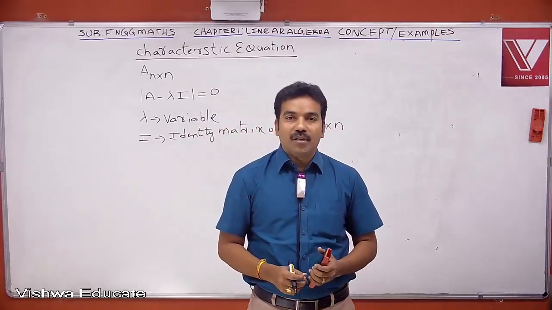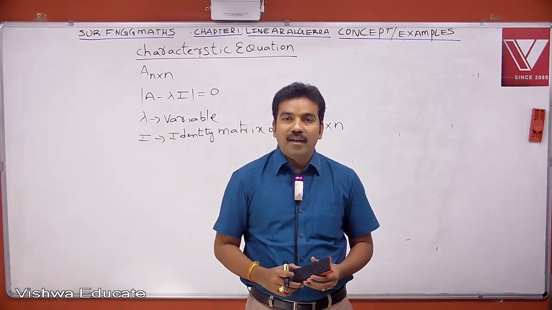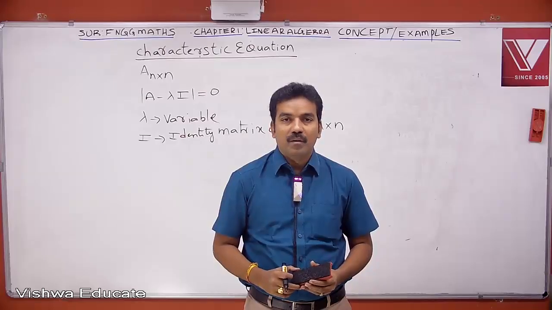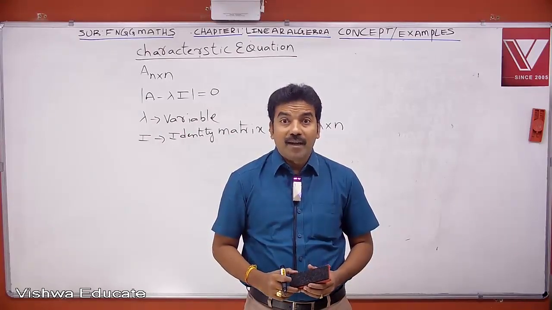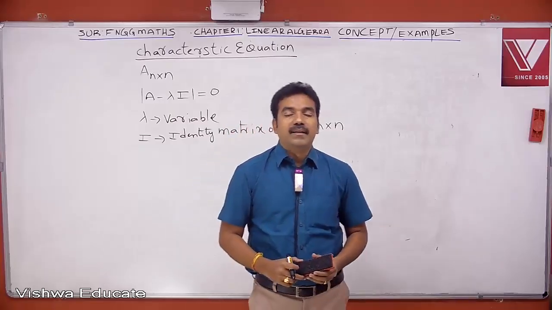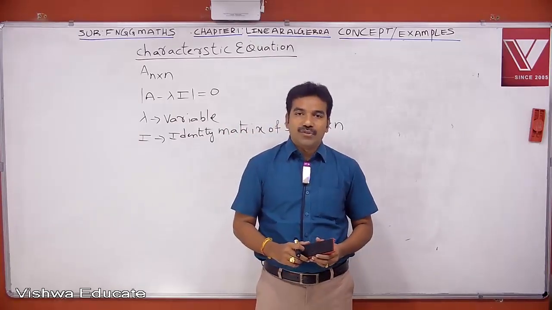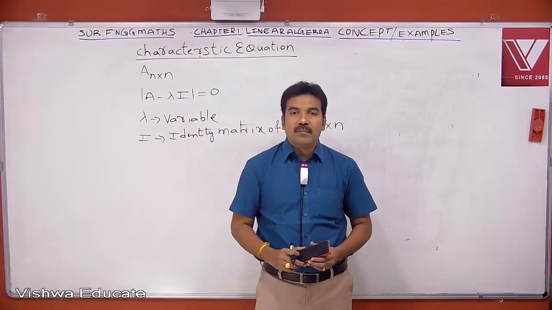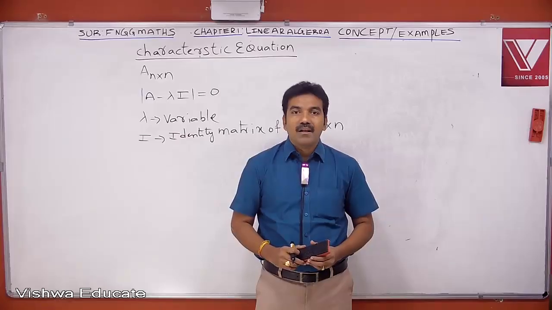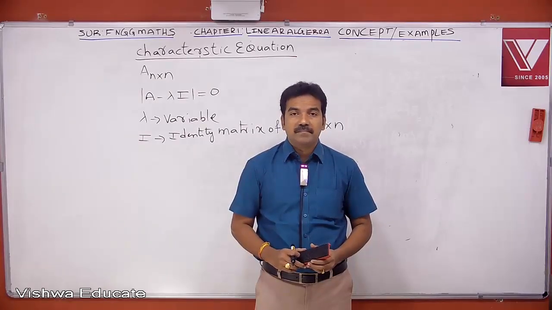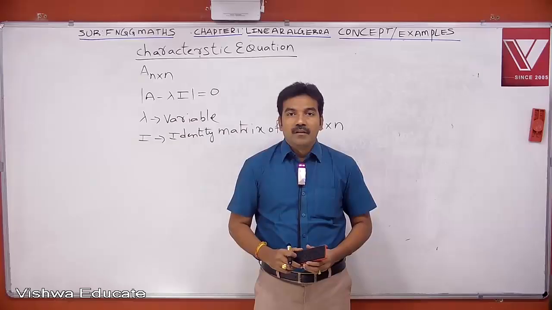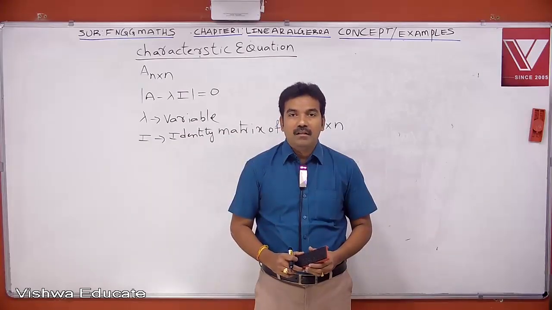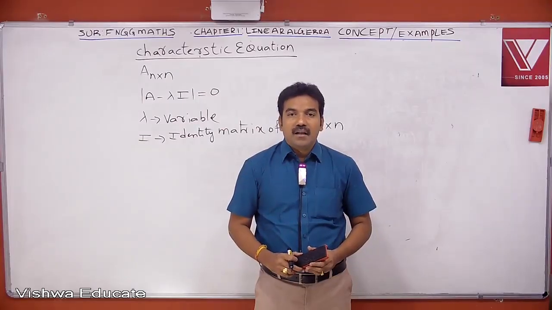Let A be any n cross n matrix. Det of A minus lambda I equal to 0 is called characteristic equation of capital A, where lambda is a variable, and I is an identity matrix of size n cross n.